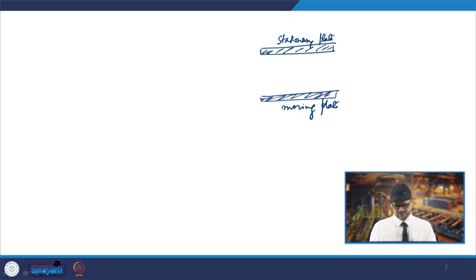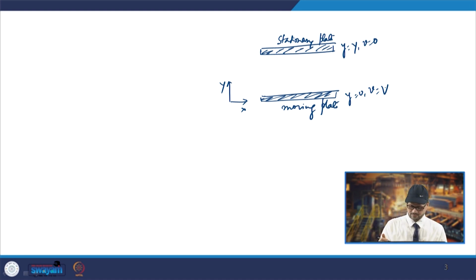Initially the upper plate is stationary. If you see that this is your x direction and this is your y direction, here you have y equal to y and v equal to 0, and here you have y equal to 0 and v is v. Actually, you are moving this plate with velocity v.